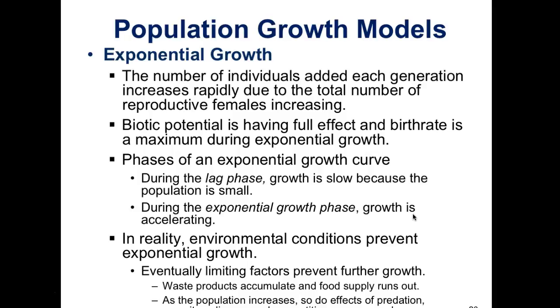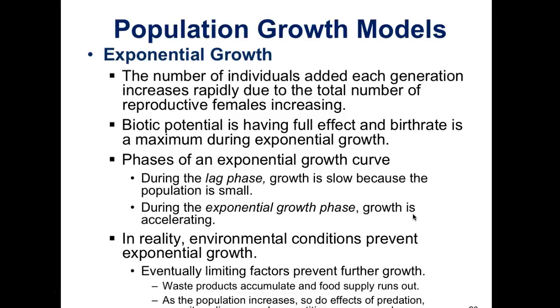The first part of the curve is called the lag phase. During the lag phase, growth is going to be slow because the population is very small. Eventually, though, that population keeps exploding, and that would lead to the exponential growth phase. In the exponential growth phase, the growth is going to accelerate depending on the number of individuals within that population.